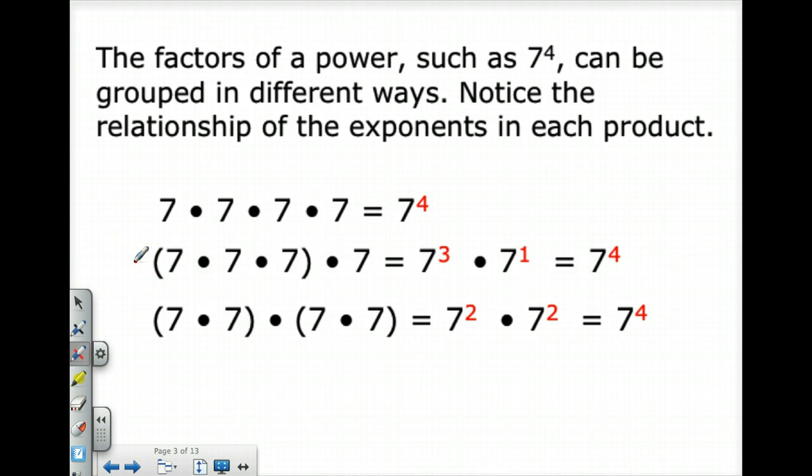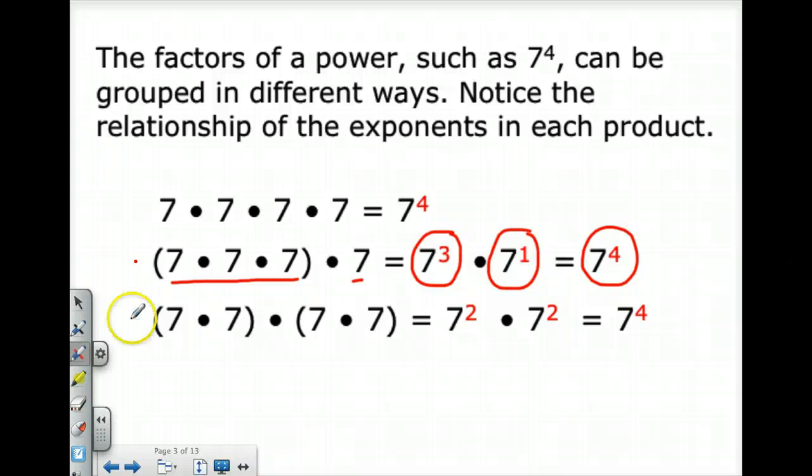you'll notice that we have 3 7s grouped together inside of a parenthesis, and that is being expressed as 7 to the 3rd power. And then there's this one lonely 7, which is 7 to the 1st power. Altogether, there are still 4 7s in that group. So that is why the answer is still 7 to the 4th power.